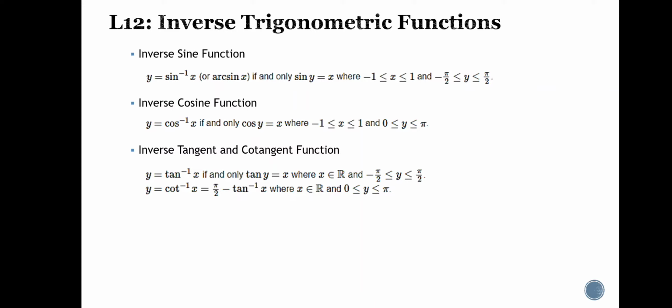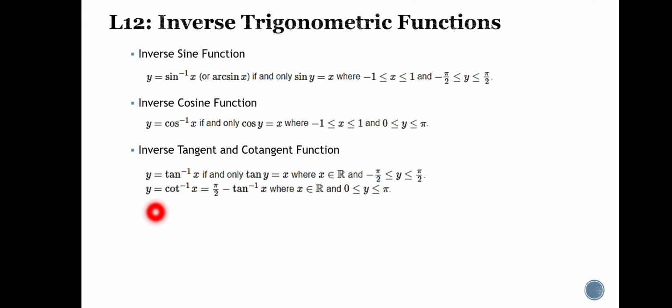The next one is the inverse tangent and cotangent function. So for tangent, we have y equals arc tangent x if and only if tangent y equals x, where x is an element of all real numbers and y is from negative pi over 2 up to positive pi over 2.